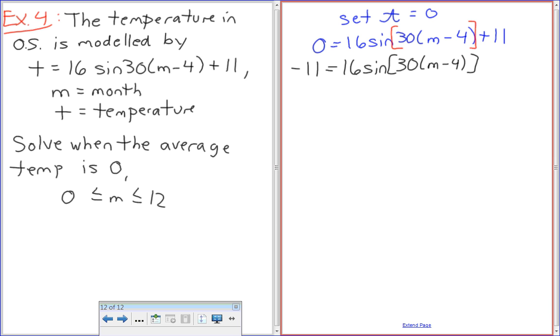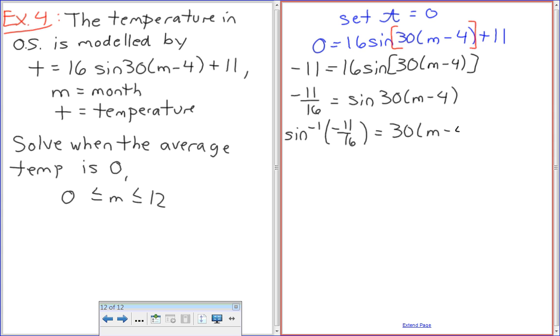Divide by 16. Great. Callan, what's the next step, please? Great. Sine inverse of that negative number. Great. Andrew, what's sine inverse of negative 1 over 16, please?